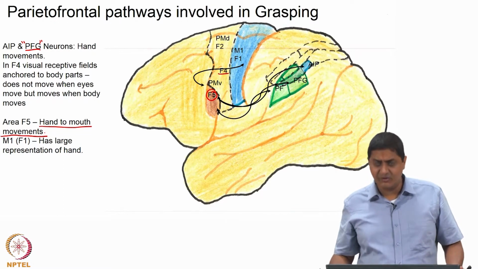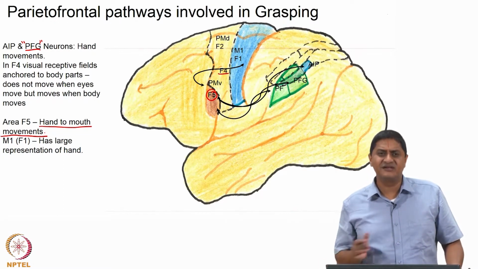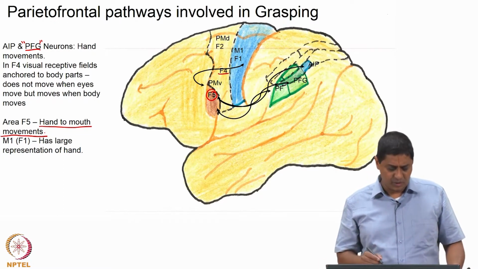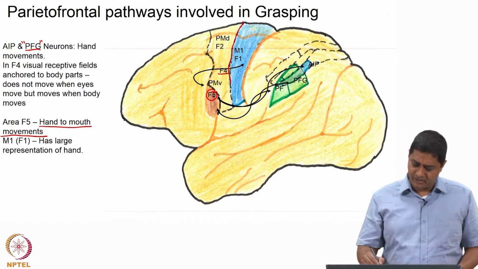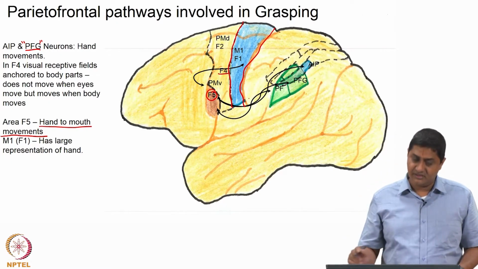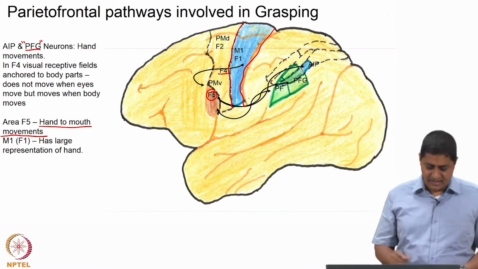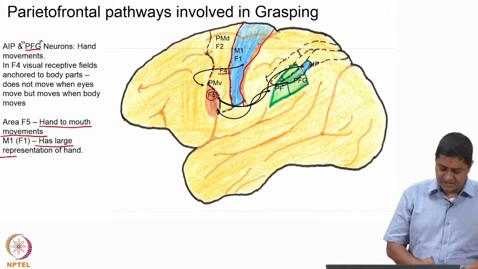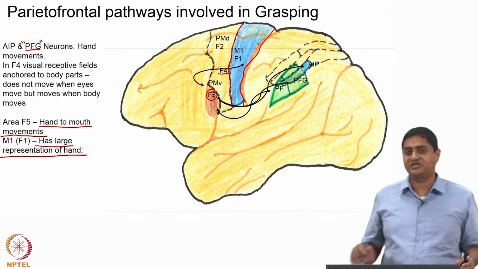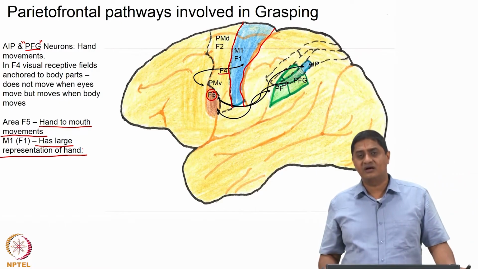Also it is very well known, of course, we have had several discussions in great detail about how the primary motor cortex, the area that is just rostral to the central sulcus, has a very large disproportionate representation of hand, or has a large number of neurons that control hand function.